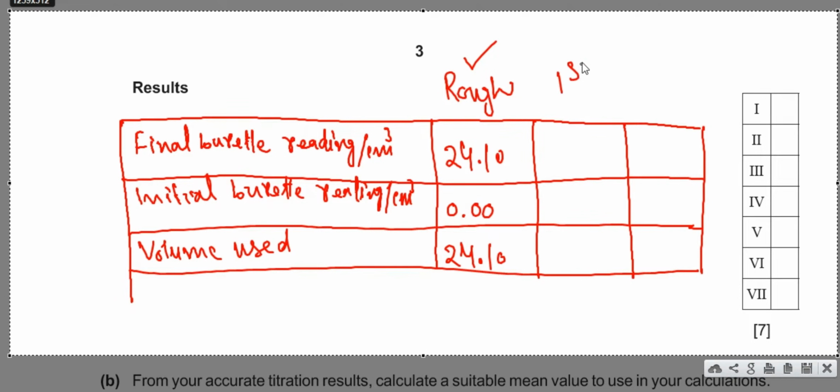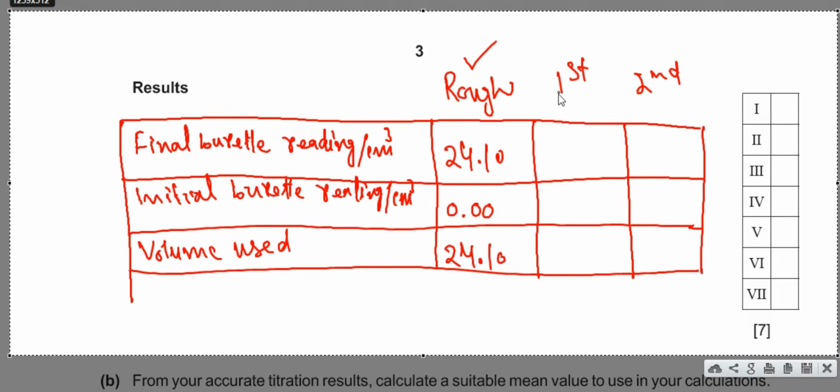Then you have to say this is your first titration, and this should be your second titration. Remember, you write only those readings, or as many as you can, but again, no need to consume more time and effort. Try to go for a presentation like this.